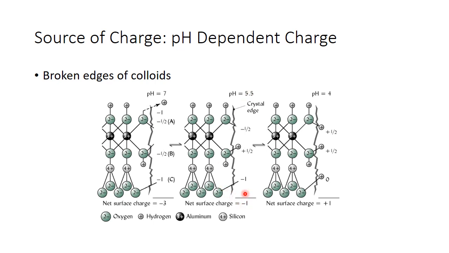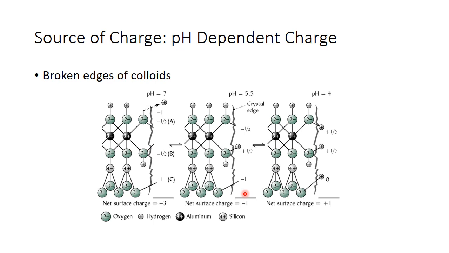What's happening is we have a more acidic solution, and at a lower pH we have more hydrogens floating around in solution, and those hydrogens are more apt to find a negative charge site and attach themselves there.